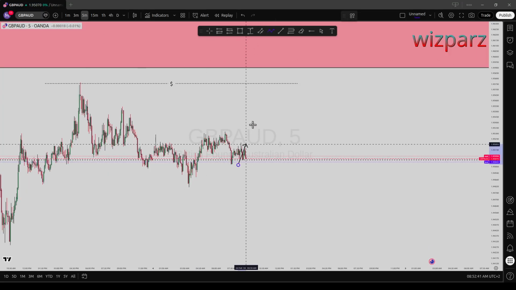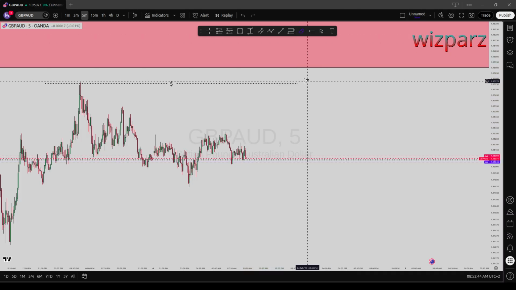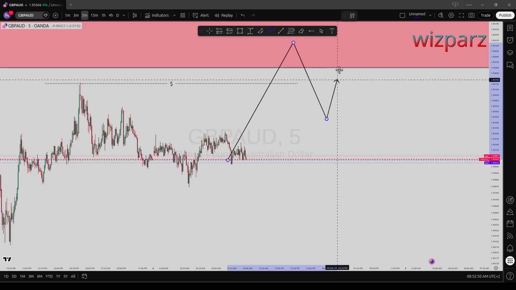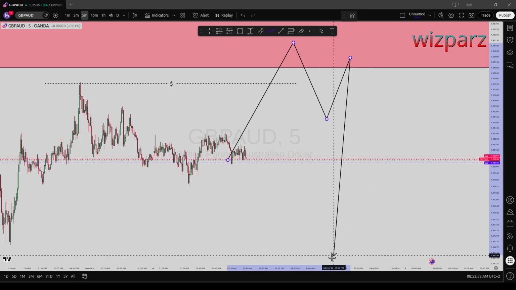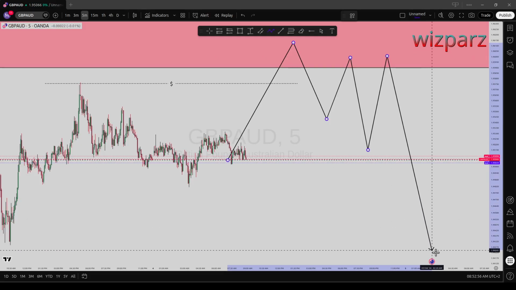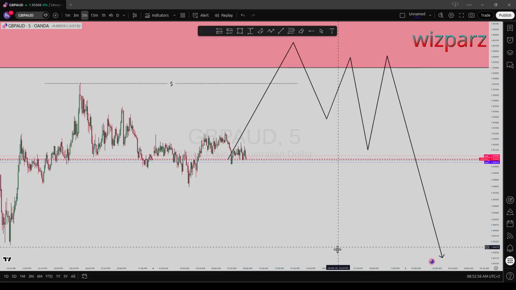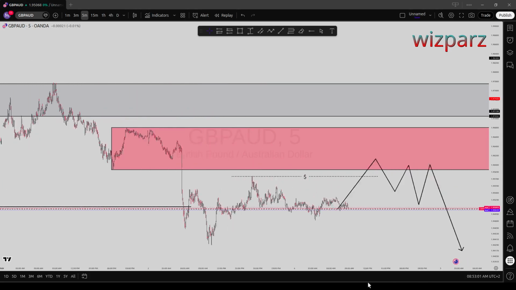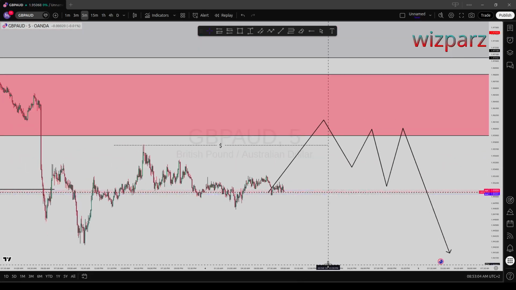Price comes back and then liquidates this and then gives a 5-minute change of character to the downside on a low time frame. Then I'm going to press short, hoping the price is going to continue pushing down lower.